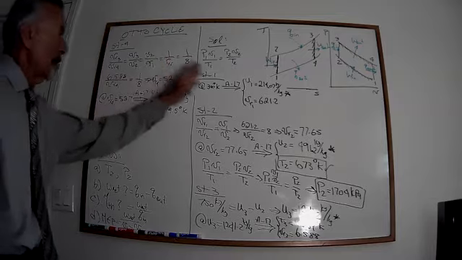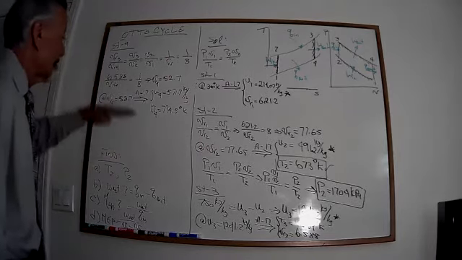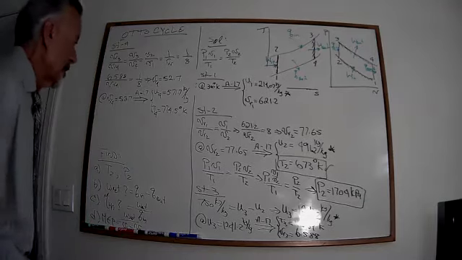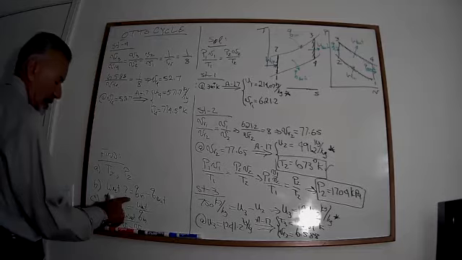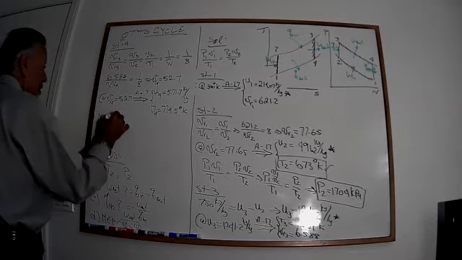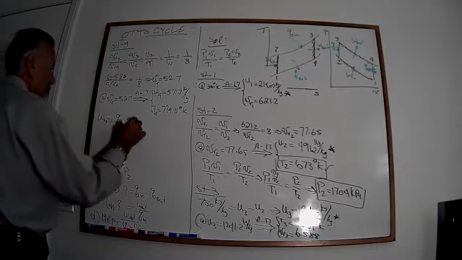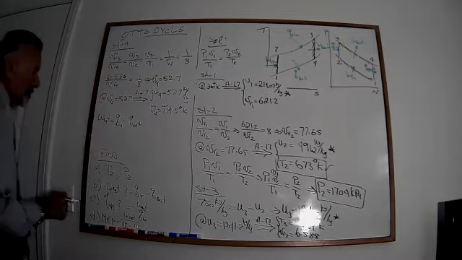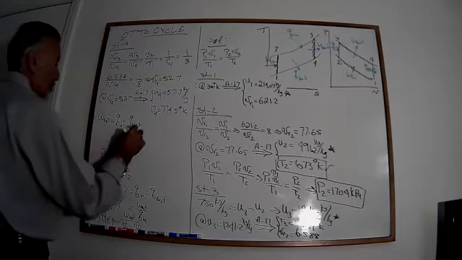So I went around the cycle step by step and found all the values that I need. In order to get the net work, part B is net work equal to Q in minus Q out. In this case, Q in was given to us, so I don't have to do anything. What is Q out equal to?